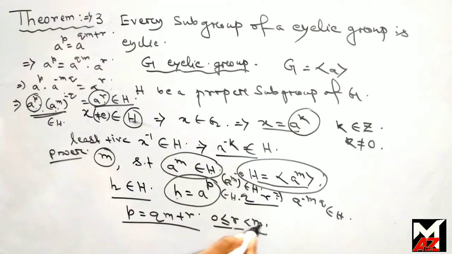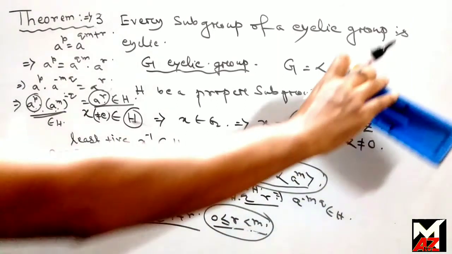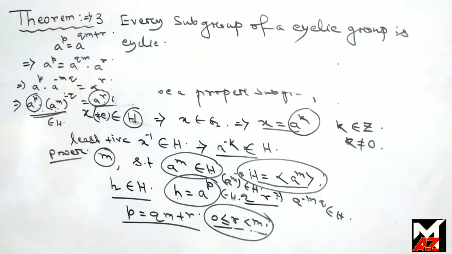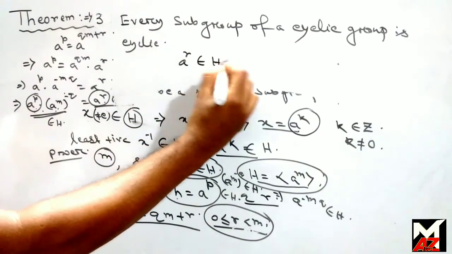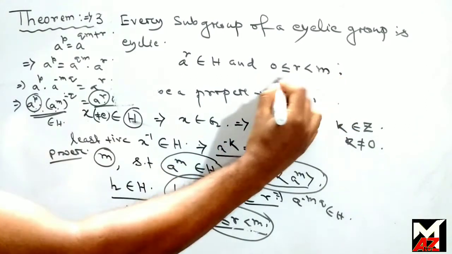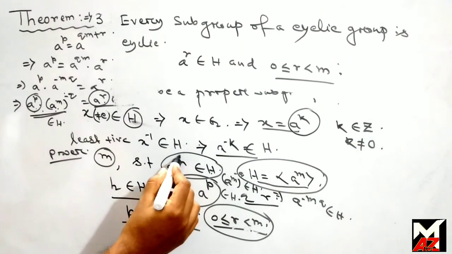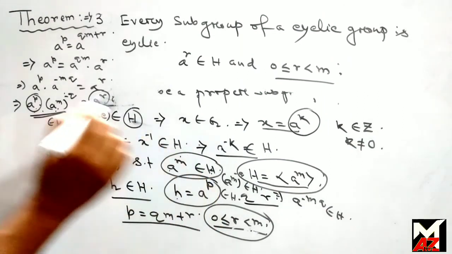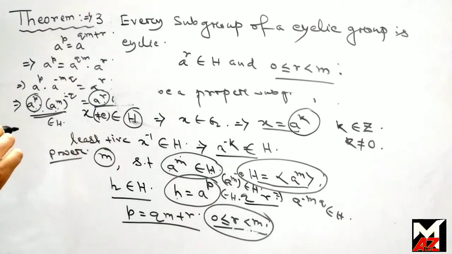But here R lies in this range. So we say that a to the power R belongs to H and 0 is less than or equal to R, less than M. But here we take a to the power M belongs to H, where M is the least positive integer.